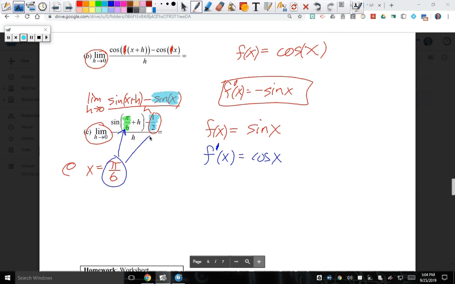When you have a constant here, that means you're going to not only establish what the function is and derive it, but at the very end plug in what this is actually looking for. So you're used to this saying f prime of x. But when you have a constant right here, it's not f prime of x. It's f prime at what? Pi over 6.